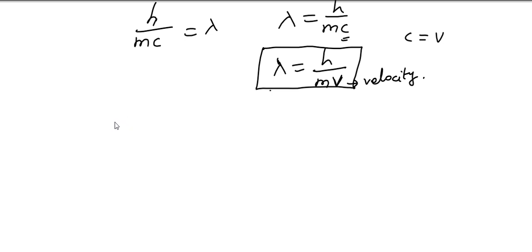ஸோ இப்போ நம்ம எப்படி ஆக்சலரேட்டட் பார்ட்டிகளோட வேவ்லென்த்தை de Broglie wave நம்ம கால்குலேட் பண்ணலாம் அப்படின்னு பார்ப்போம். ஸோ லெட்ஸ் டேக் an electrode which is cathode and here is an anode plate, which is in positive charge.